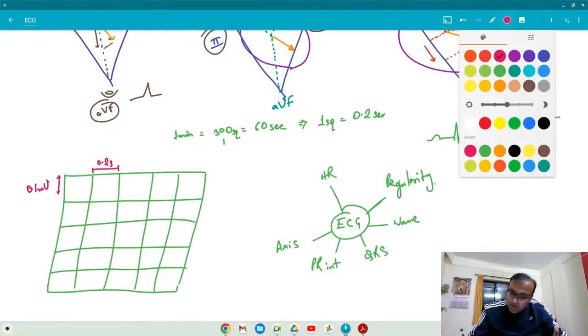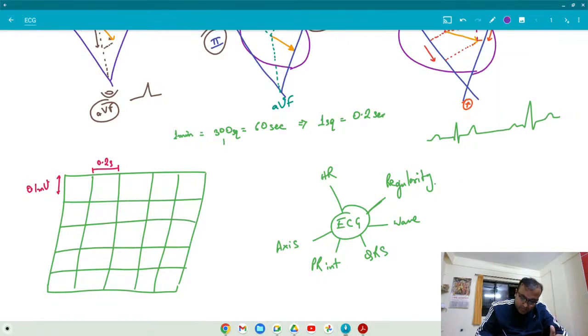One square will have one, two, three, four, five. Got it? Tiny squares. So if I talk about these purple squares, you tell me now, these five small squares are taking how much time to cross?